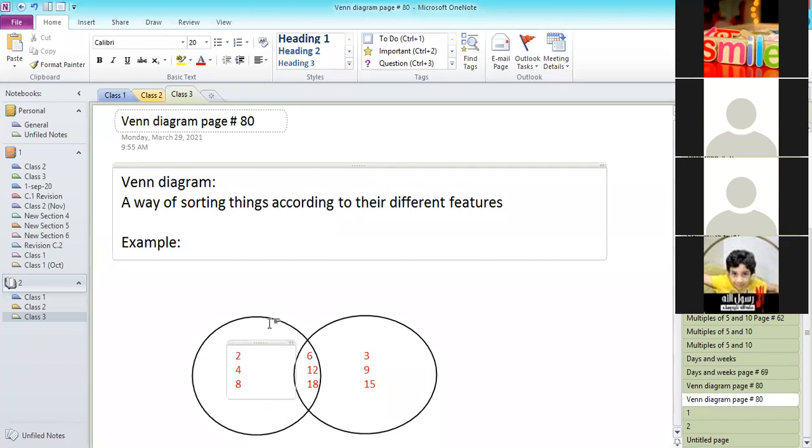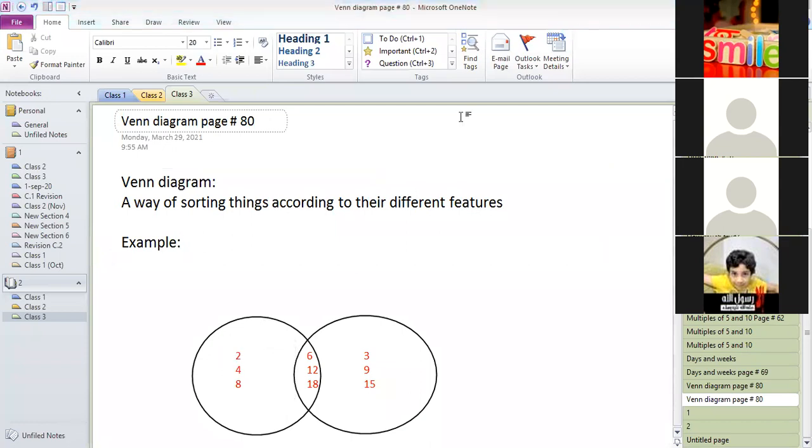So can you identify this circle A is representing which one? Can you name them? First one is multiples of 2. Very good. I did not write all. I can write all also. 2, 4, 6, 8.